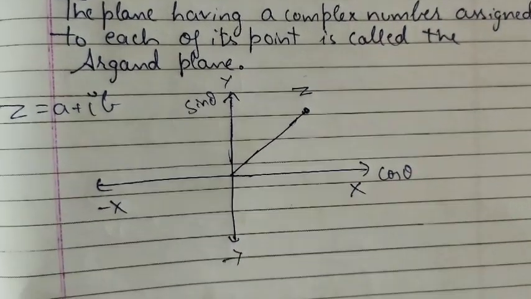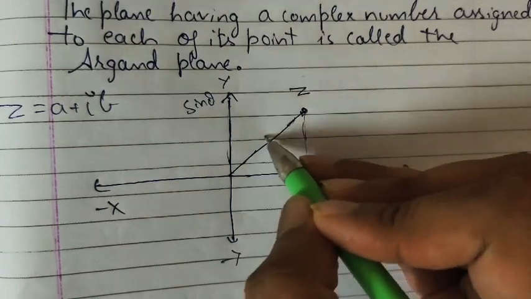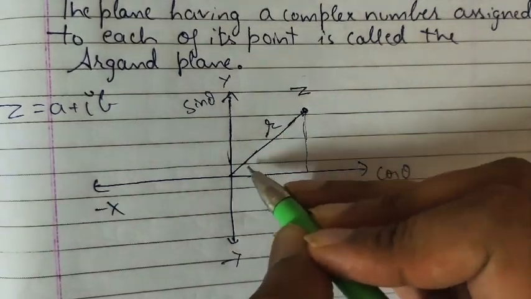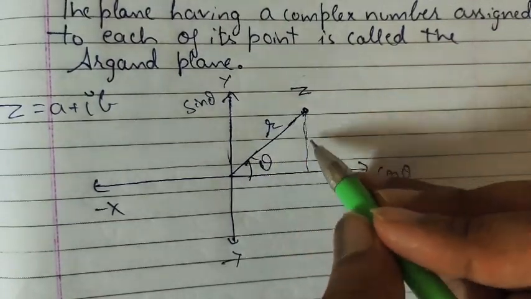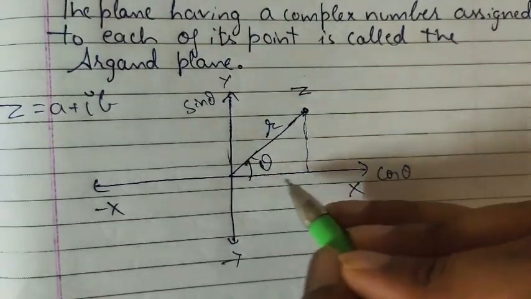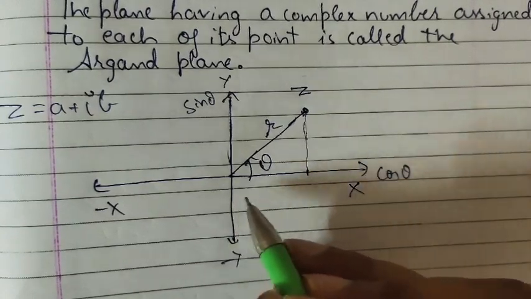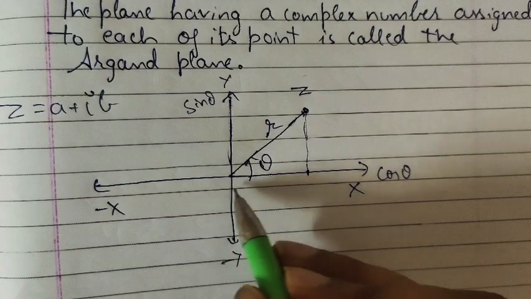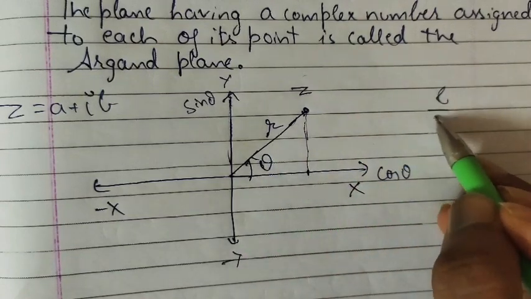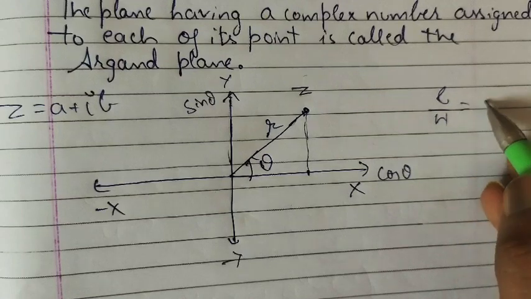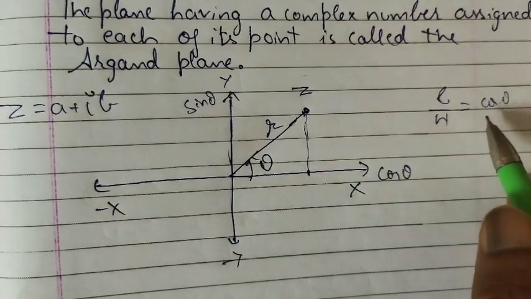So if we consider here, suppose this is r distance, and this angle is theta. This point will be r cos theta, because this is the base and this is the hypotenuse. We know that base upon hypotenuse is cos theta, so base value will be hypotenuse times cos theta.